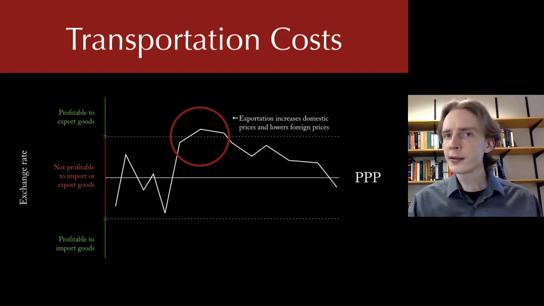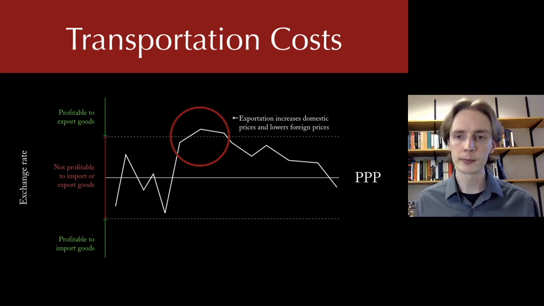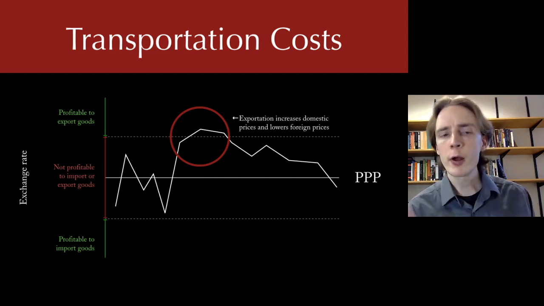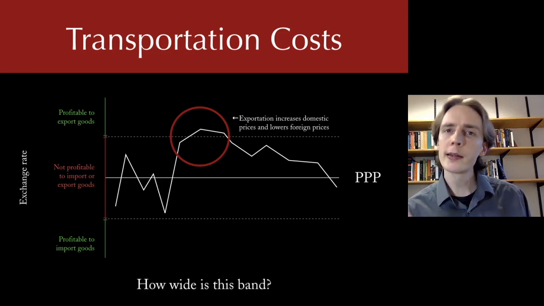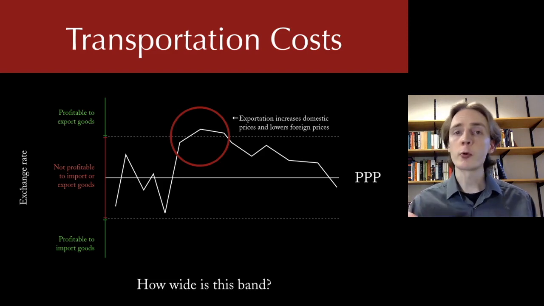And so arbitrage isn't going to push you back to purchasing power parity as long as you're within that band of transaction costs. So the question we want to ask is, how wide is this band? How big are transaction costs? Because the bigger they are, the more wiggle room you'll have around purchasing power parity.